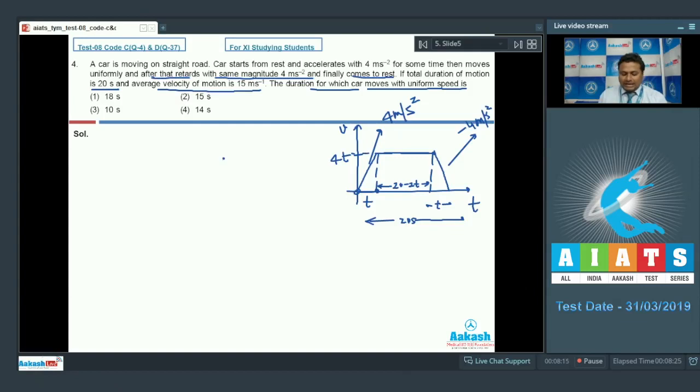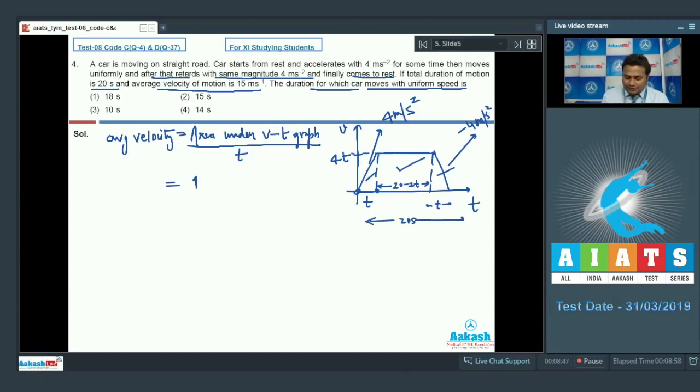Now we know very well that average velocity equals total displacement upon total time, and total displacement can be written as the area under the velocity time graph. That will be total displacement divided by total time, that is 20. Now the area under the Vt graph, we can simply calculate: triangle, triangle, rectangle.